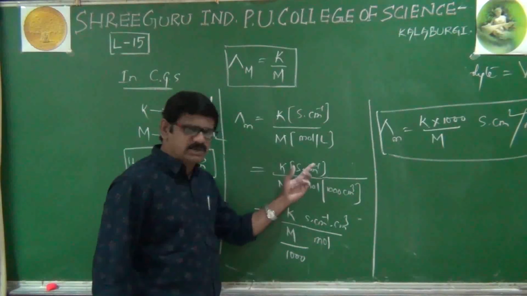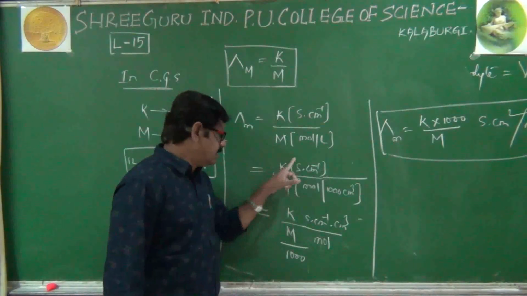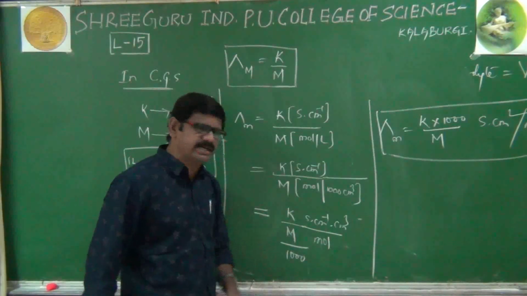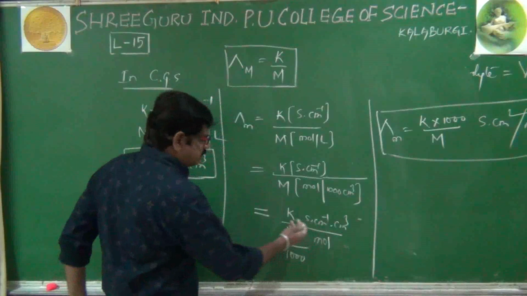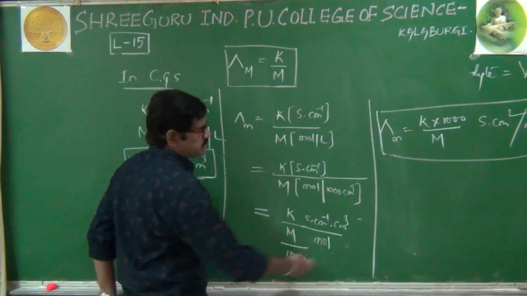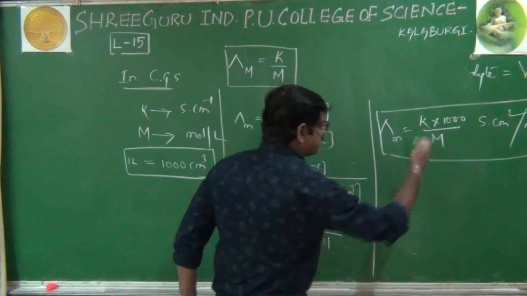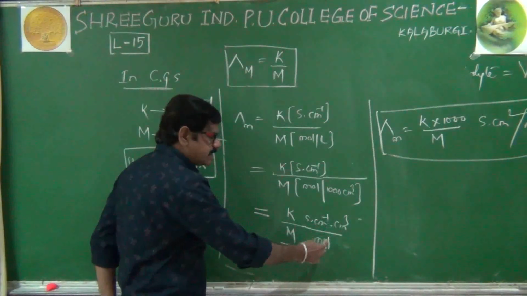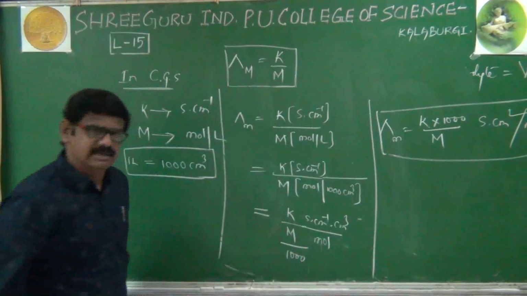Therefore, finally K into 1000 divided by m, and the units left are Siemens centimeter square per mole.